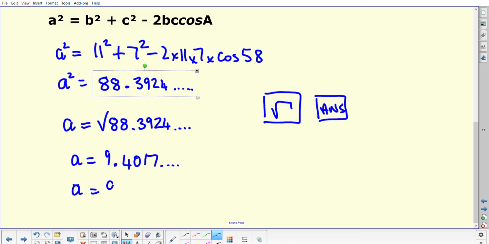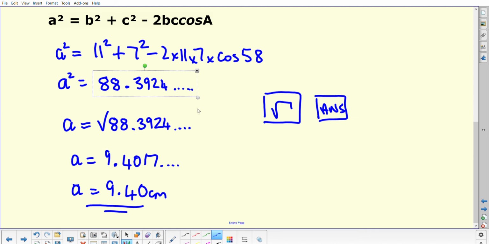So we would then get 9 point, if we were rounding that to two decimal places, it'd be 9.40, and that would be centimetres. So just to go over that again, there's the formula which you would get from the formula sheet. You should have your triangle drawn, label your sides, get your numbers all in the right place. This needs to be written out, that a squared equals 11 squared, etc. And you're going to be taking the square root of all of that number, but you need to write that down first.